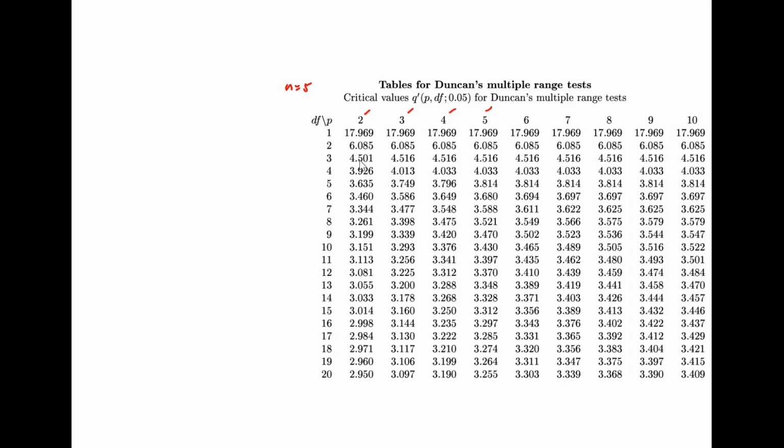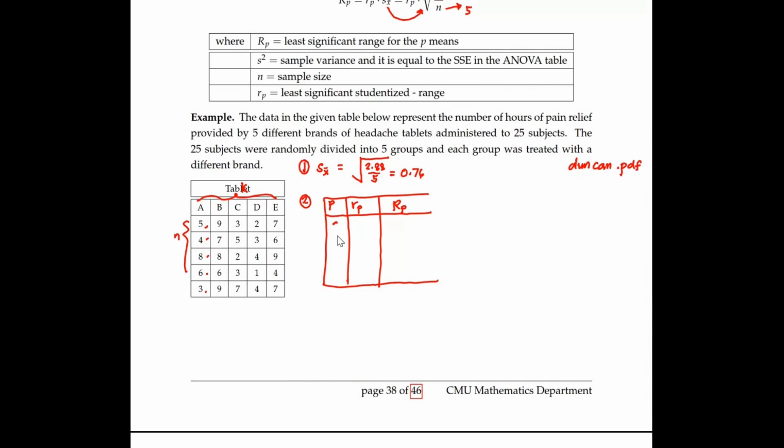So we have 2, 3, 4, 5, and then r sub p, since the degrees of freedom for the error is 20, we will look at those values. So we have 2.95 for r sub p, 3.097, 3.190, and 3.255.